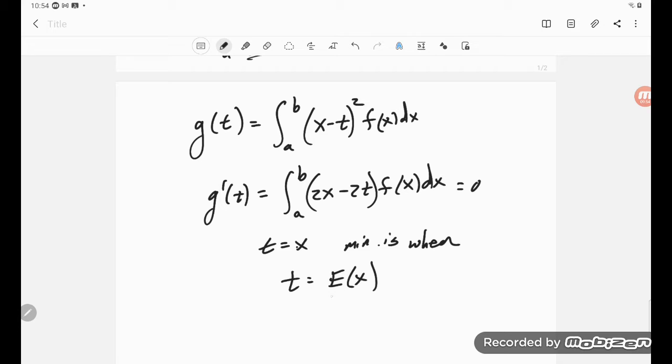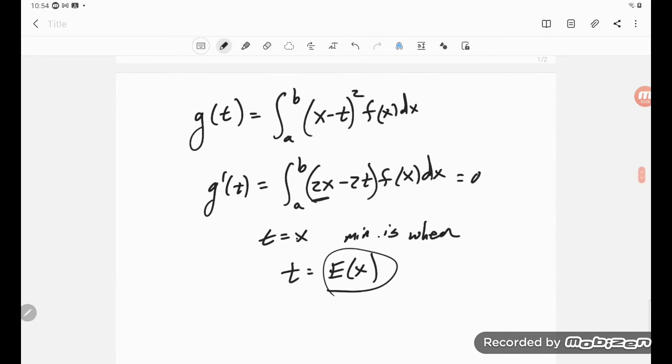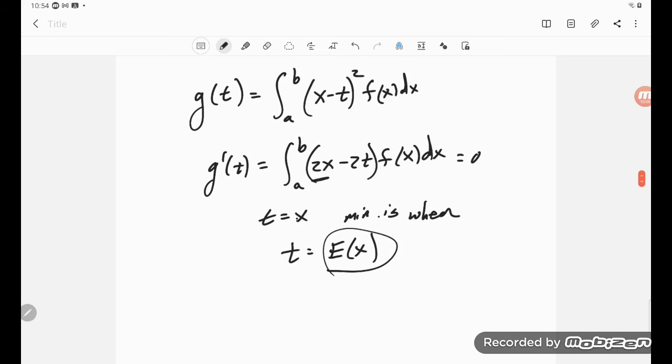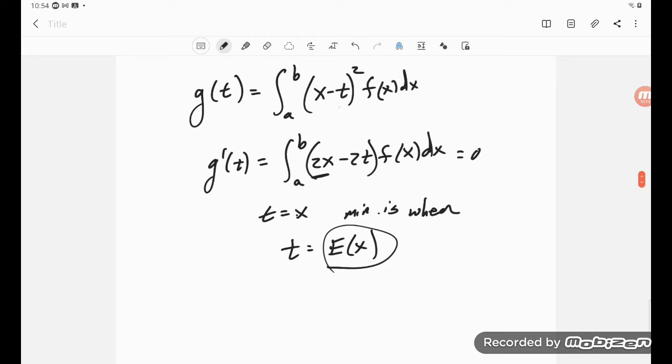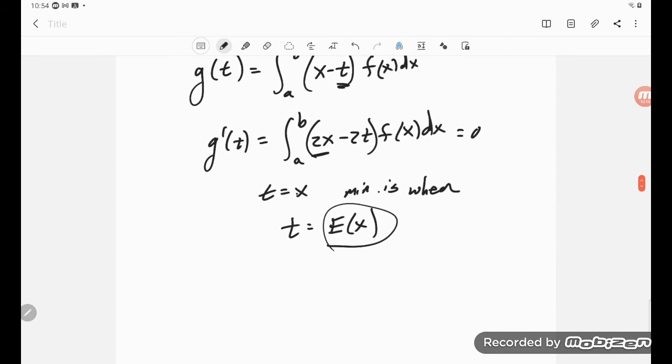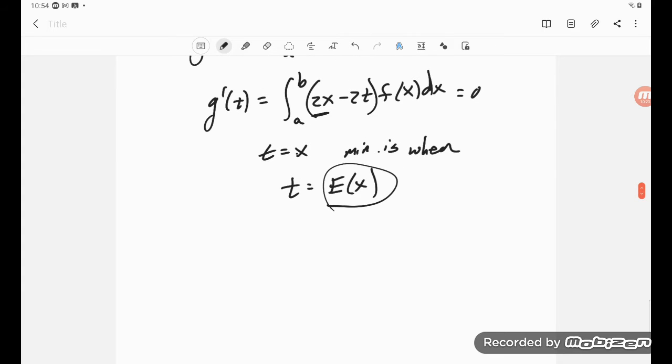But if it's the expected value of x, then we can get that to be 0, because this other is just the expected value of x. So that's really what it comes down to: g of t is a minimum when t is the expected value of x.